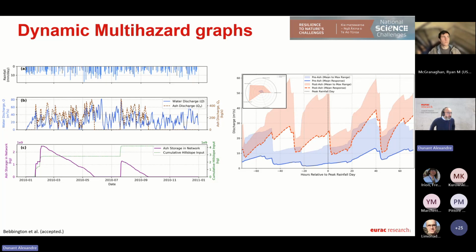So on the left, you can see a summary: you've got the rainfall at the top, you've got the water discharge in the middle in blue, and some bursts of events that could be deterministically or randomly attributed. But what's interesting on the right is that if you look around peak rainfall events, you can see that the discharge actually massively increased in a post-ash world, let's put it this way.